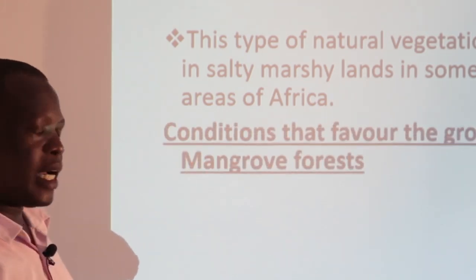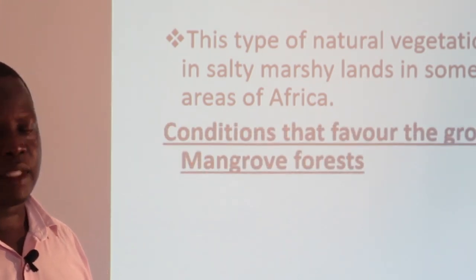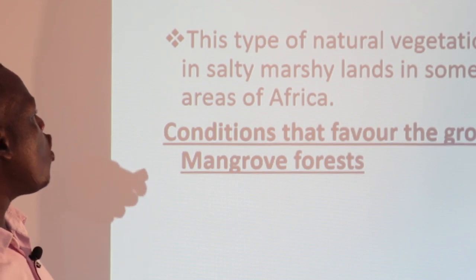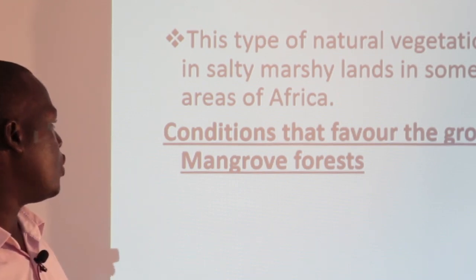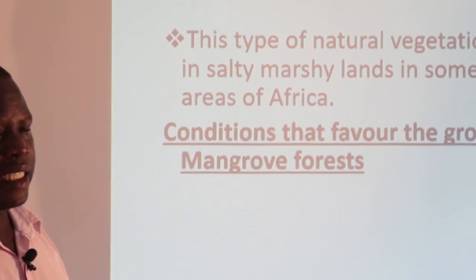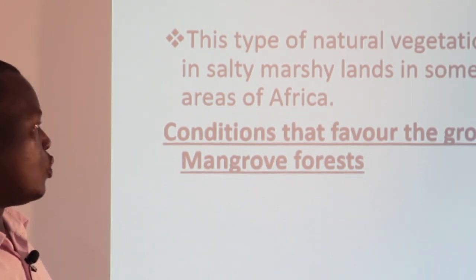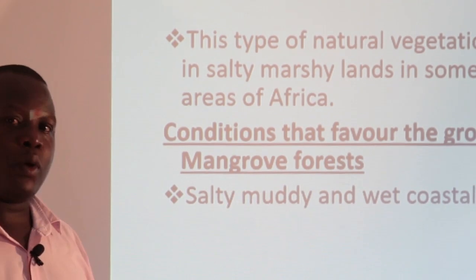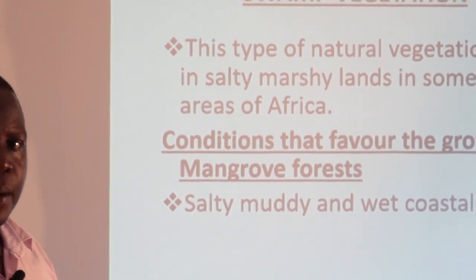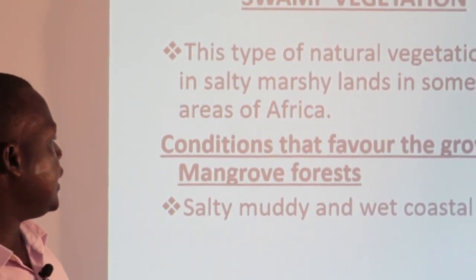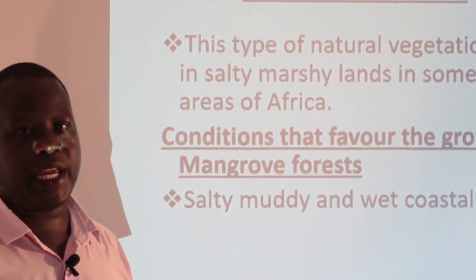We also want to look at the conditions that favor the growth of mangrove forest. When you look at the conditions, you may find one of them is salty, muddy, and wet coastal areas.